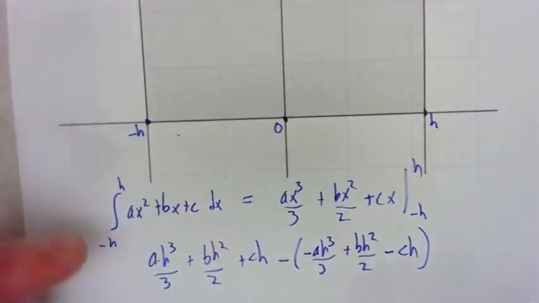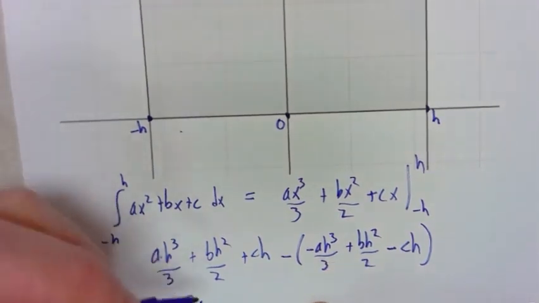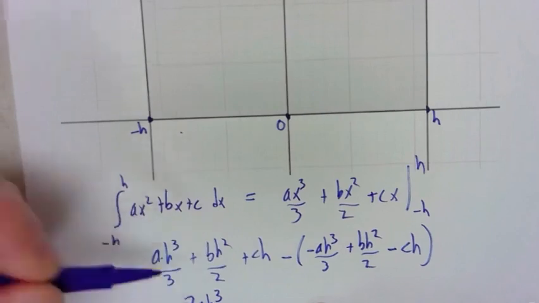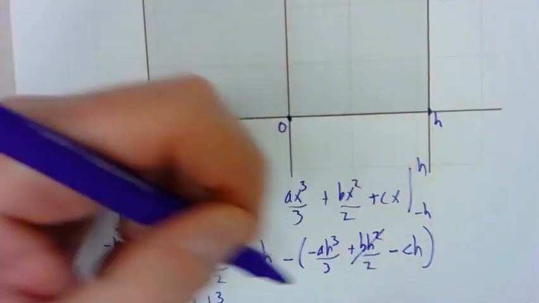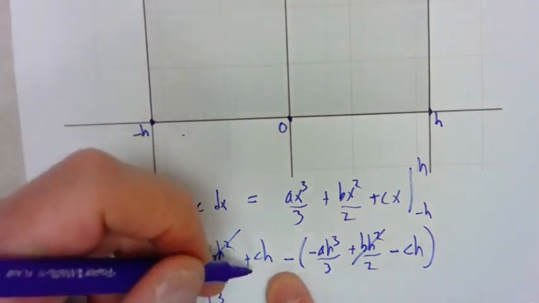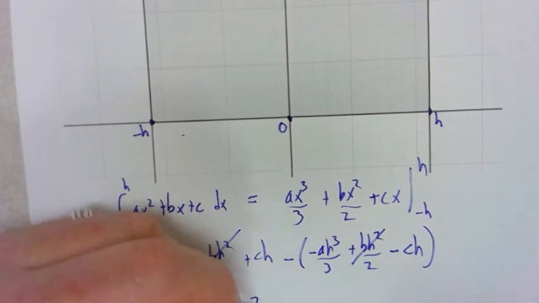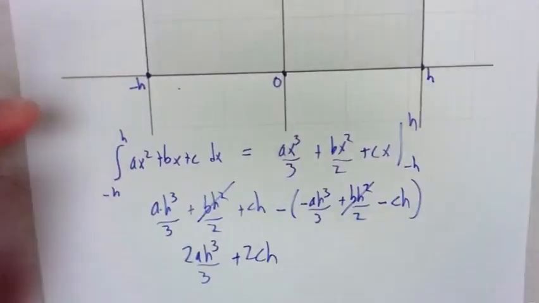Okay, well, let's clean this up. Minus minus is plus, so there'd be 2 of these ah cubed over 3's, plus this minus that is gone, and 1 ch minus minus another, there'd be 2 ch's. Okay, now for fun, here's some mumbo jumbo.